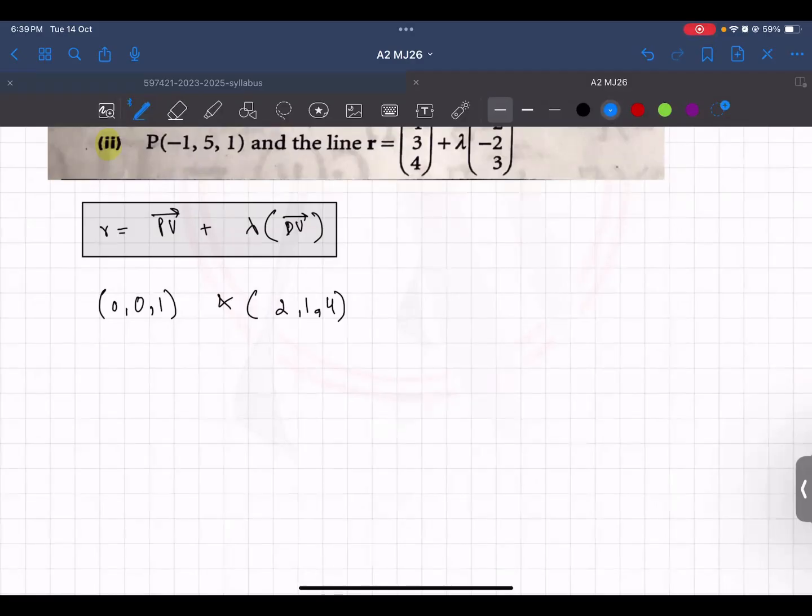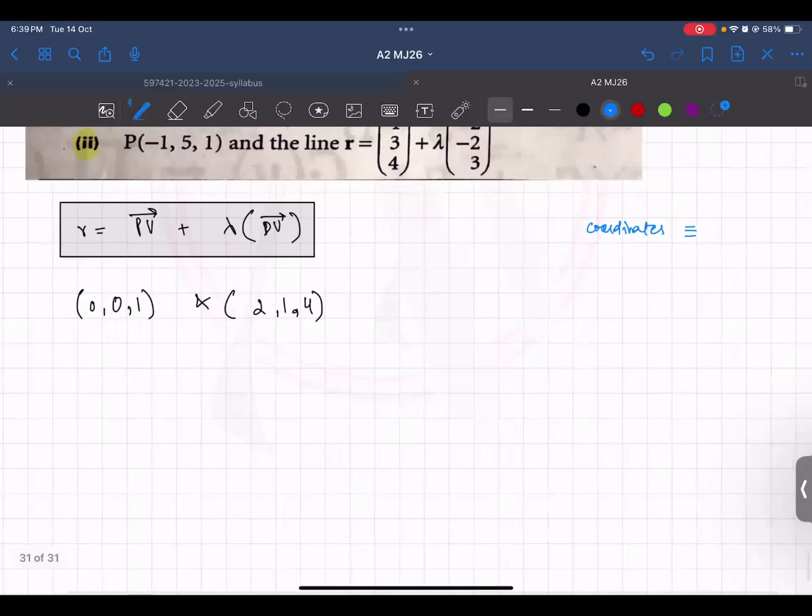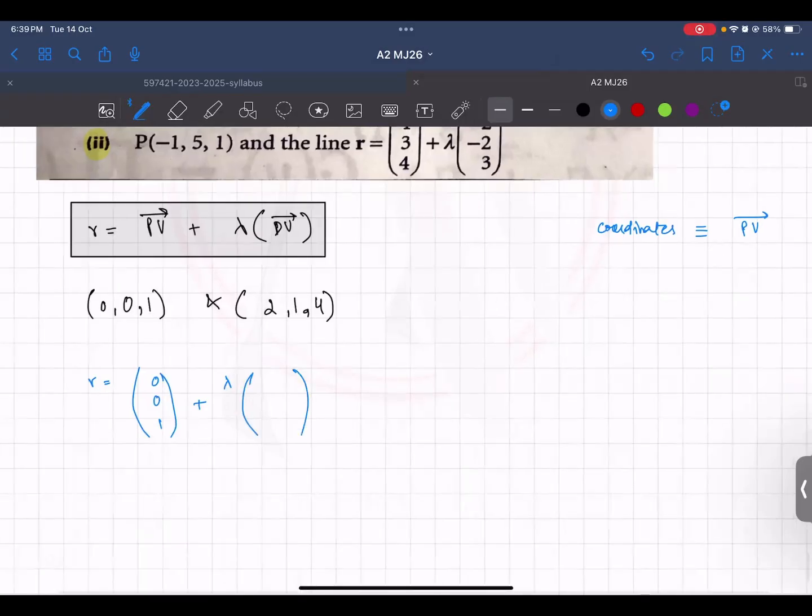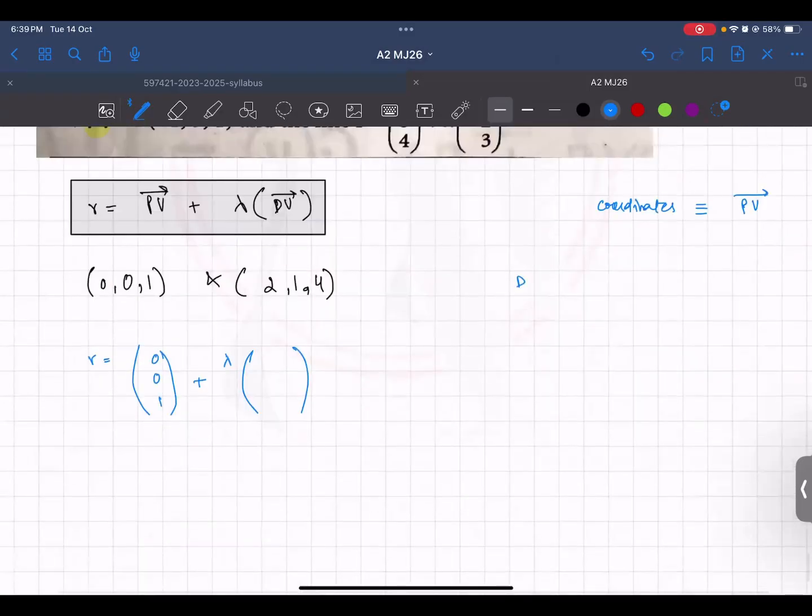The coordinates of a point are the same as the position vector because both are relative to the origin. So you can use any one of these points as the position vector plus lambda times the direction vector. And how do we find the direction vector?